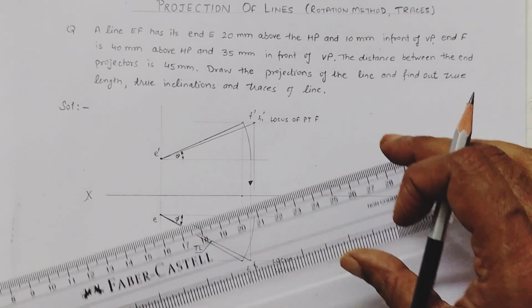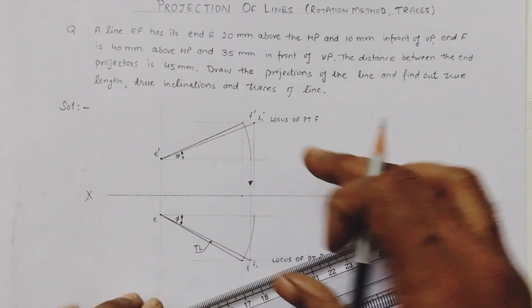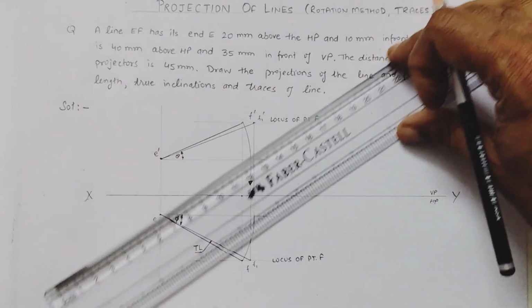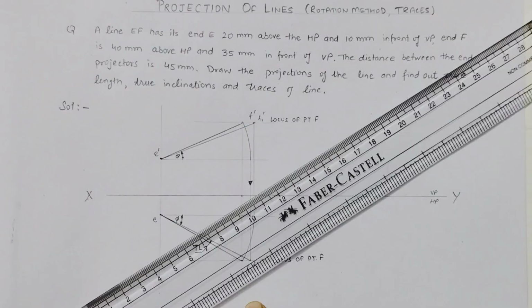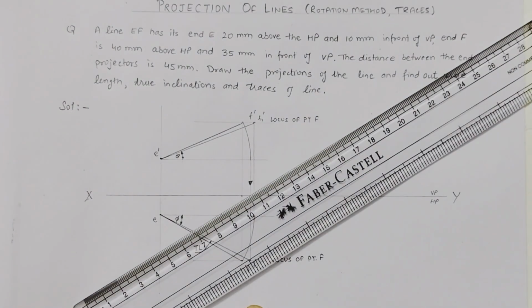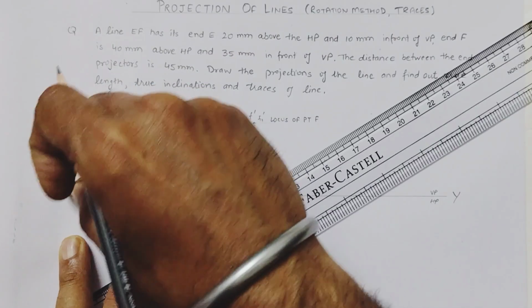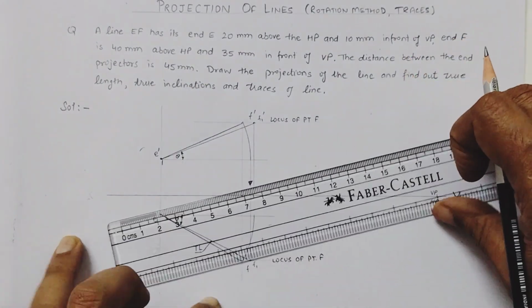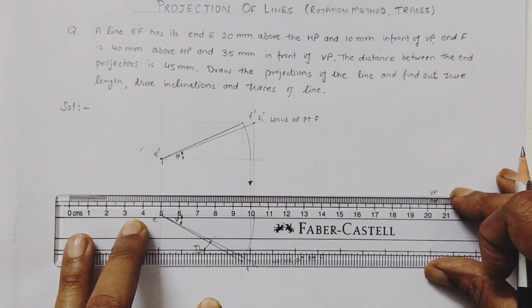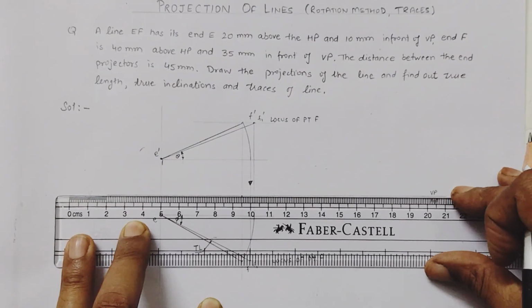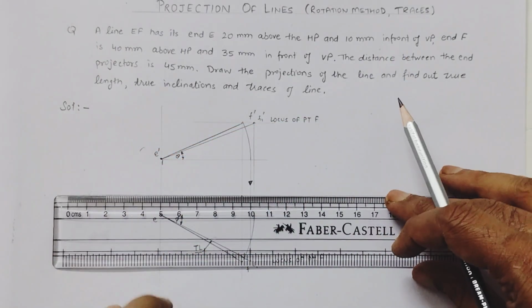For that, we have to extend the elevation, and extend this axis also, so that on extension the front view intersects with the reference line.